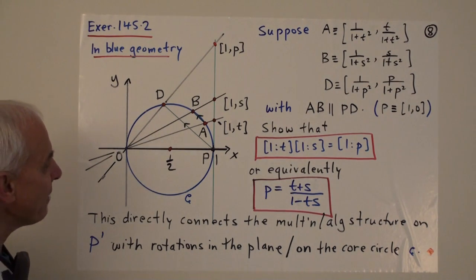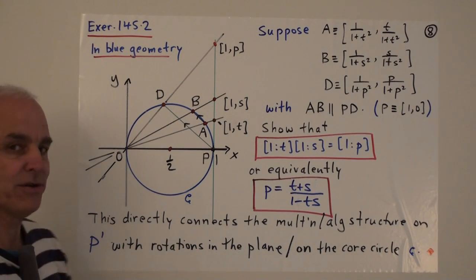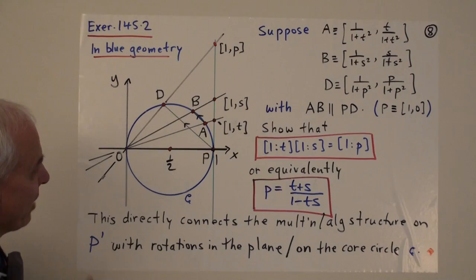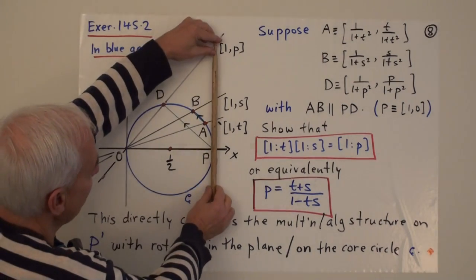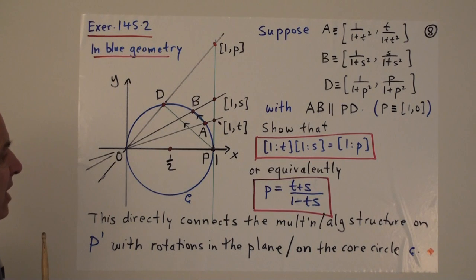So this is how the multiplication, the one-dimensional multiplication on our projective line translates when we're looking at things in terms of the meet on this line here.